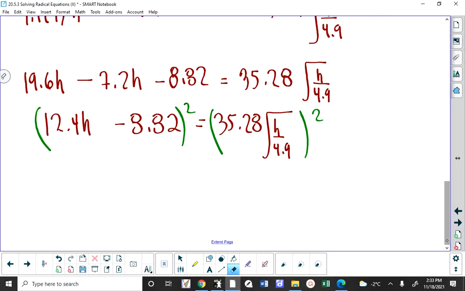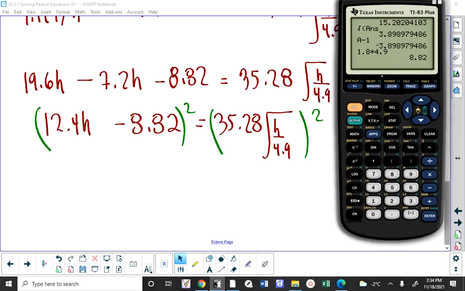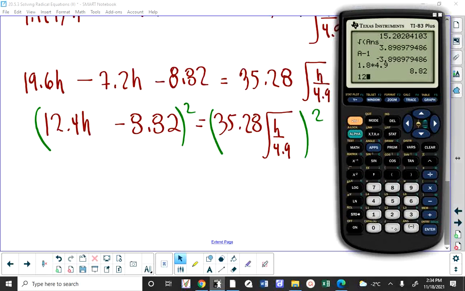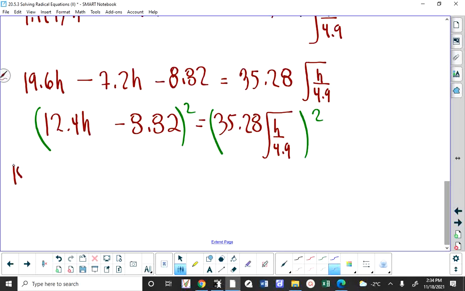So I need to take 12.4h minus 8.82 times 12.4h minus 8.82. Which means we're going to have a boatload of decimals. 12.4 times 12.4. So we're going to have 153.76h squared.